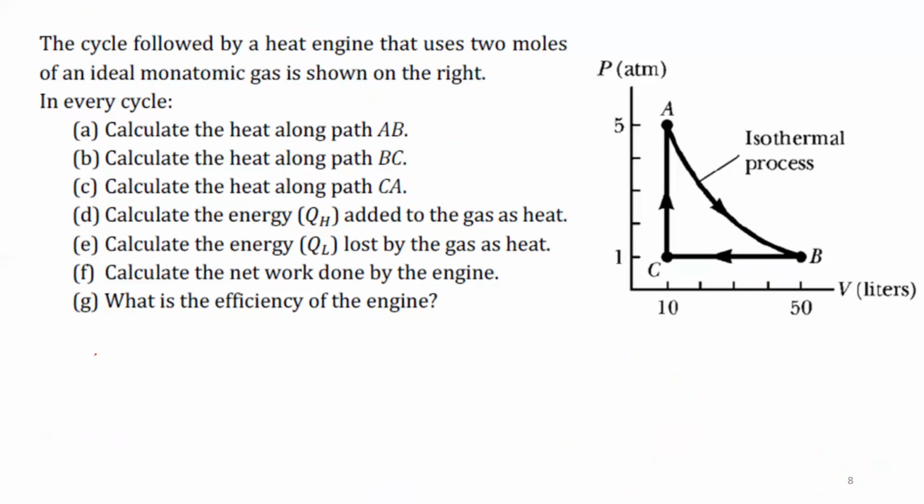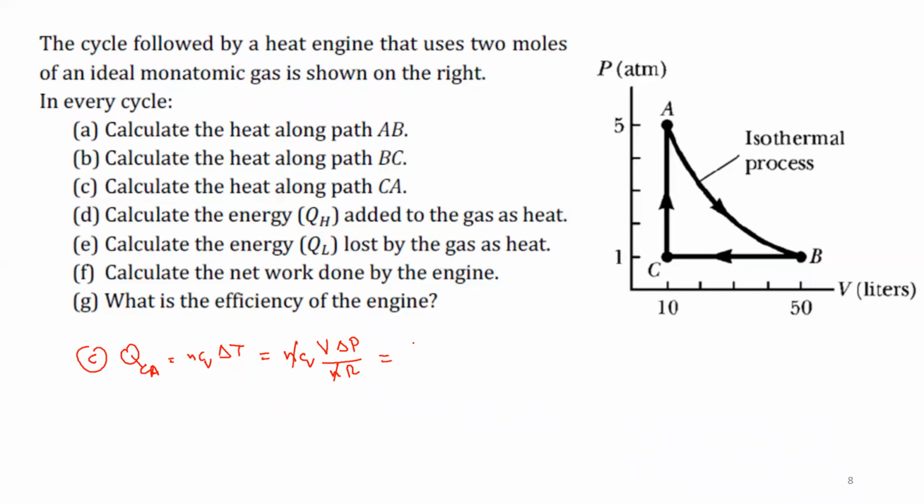So I'm in question number C. What is QCA? As I said, n CV delta T. But the delta T, we already got it. And CV delta T will be, as we said, V delta P divided by nR. The n goes away.